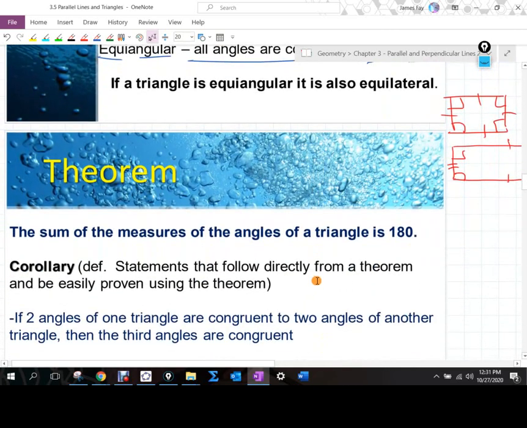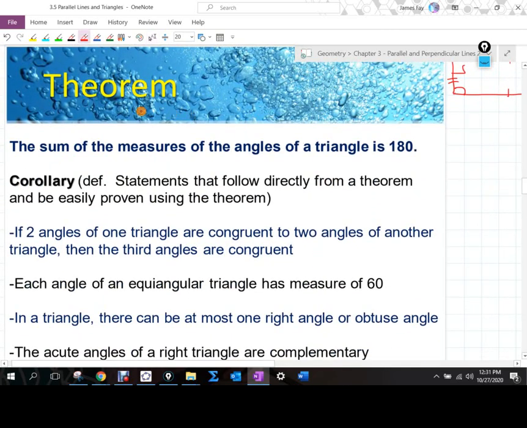Theorem: the sum of the measures of the angles of a triangle is 180. We've already talked about that. You don't necessarily need to write that down. The reason I wrote that down is because we have a new clustering of statements that we're going to talk about. So far in our statement categories we have definitions, postulates or axioms, and theorems, and now we're going to have corollaries, or sometimes they're referred to as lemmas, L-E-M-M-A.